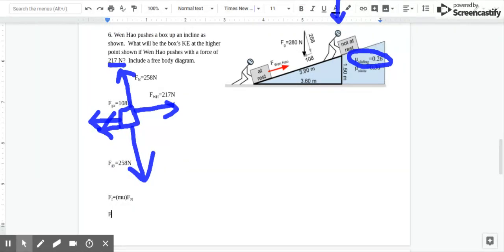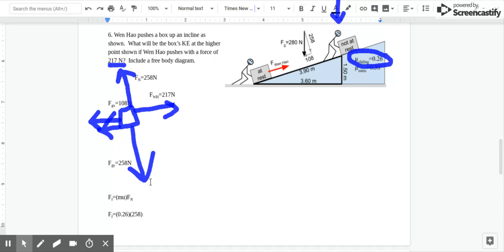Okay. So our force of friction is going to be equal to 0.26, because we're using kinetic, times normal force, 258. I'm doing the math, guys. All right, it's 67.08.